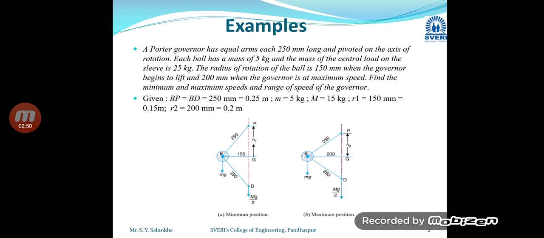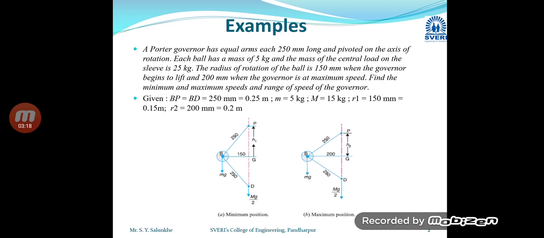Now this governor is of Porter type, so we have already derived the formulae and relationships between the various parameters of the Porter governor. You know that in a Porter governor a central load is used on the sleeve, and hence the range of that governor increases compared with the watt governor. Now in this problem we have to find the speed range.